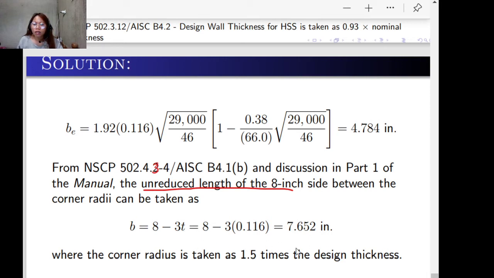So this is the unreduced length of the 8-inch side, equal to 7.652 inches, where the corner radius is taken as 1.5 times the design thickness. Since our corner radius is unknown, we still use the total height minus 3 times the design thickness.